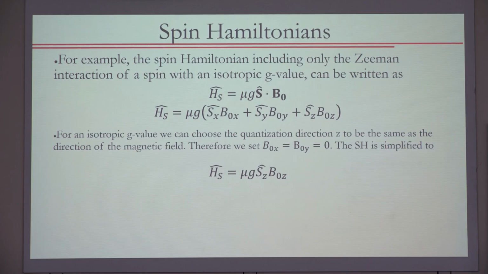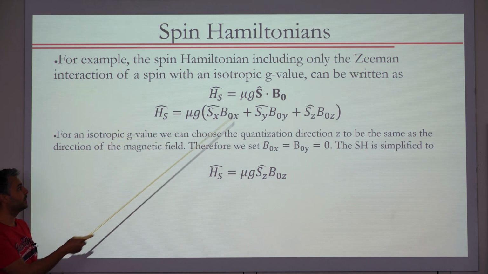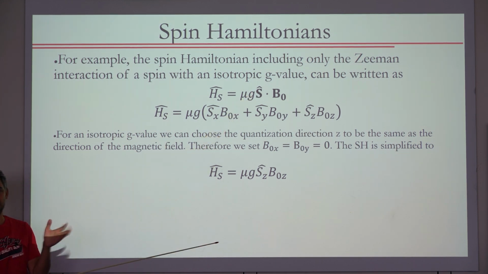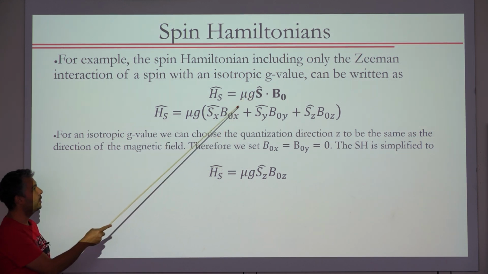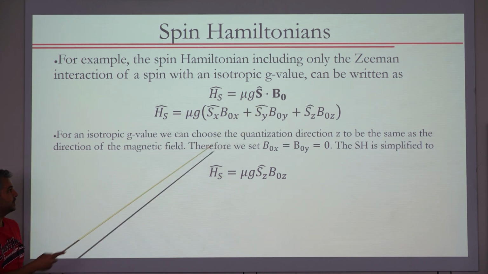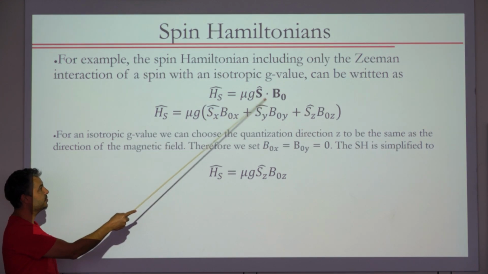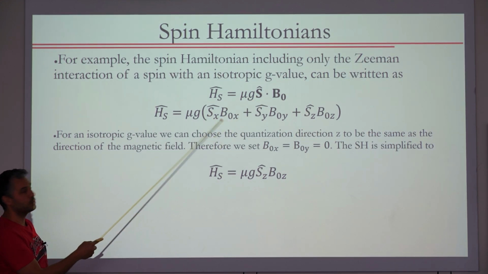So if we take, for example, the spin Hamiltonian of a simple one electron with an isotropic g value. Isotropic means the same in all directions. We write the spin Hamiltonian as this scalar product. That is, we saw that before. And then the scalar product is just the sum of the products of the components.